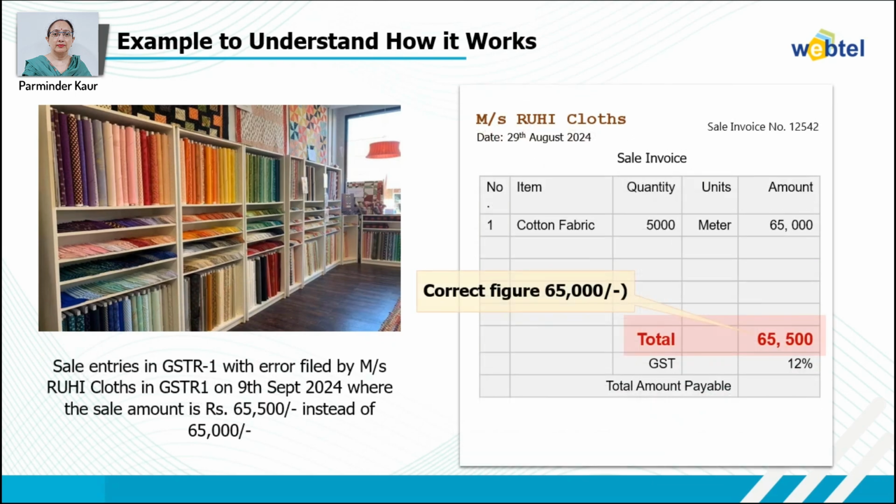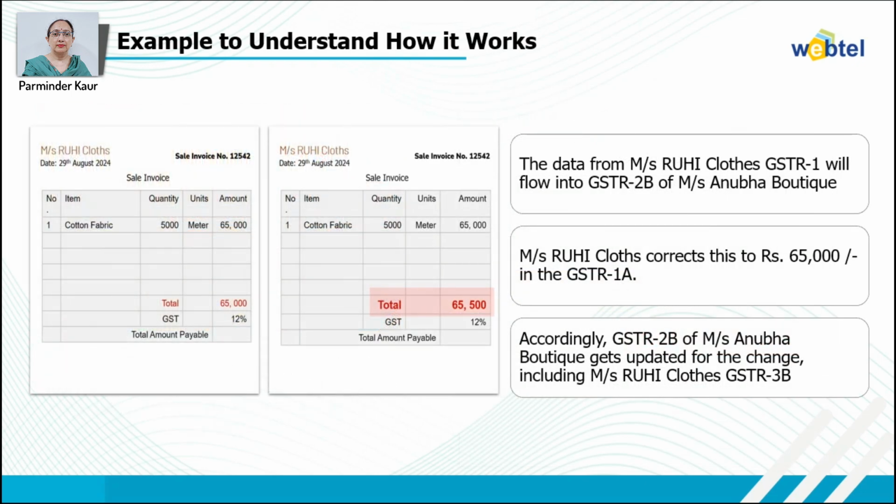But there was a clerical mistake: instead of 65,000, the invoice was generated for 65,500 by mistake. In GSTR 1 sale details, she mentioned the amount of 65,500 instead of 65,000. She uploaded the GSTR 1 on 9 September 2024 with the amount of 65,500.